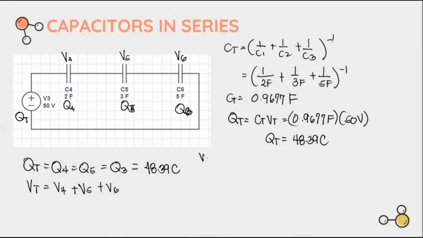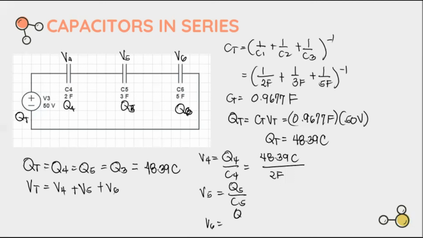So V4 is equals to Q4 over C4. So equal po siya sa 48.39 coulomb divided by 2 farad. Okay. Tapos same process po with V5 and V6. Q5 over C5 plus V6 is Q6 over C6.